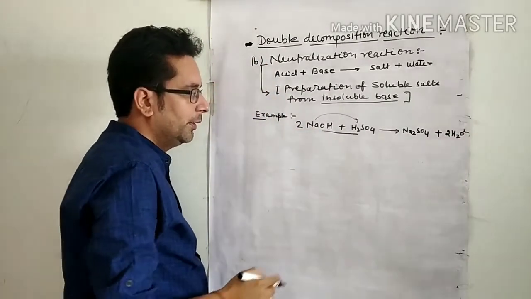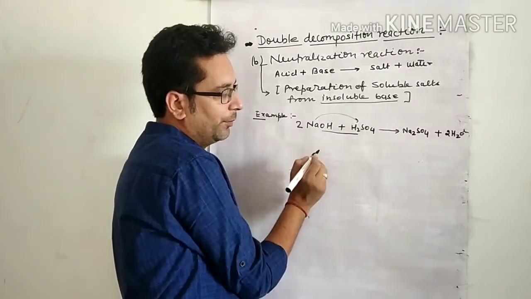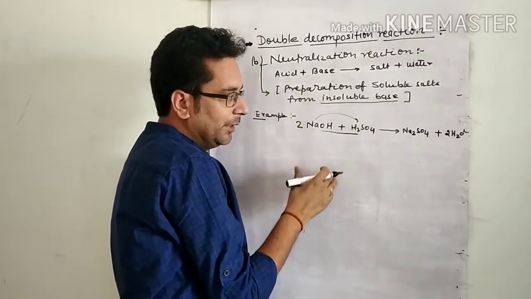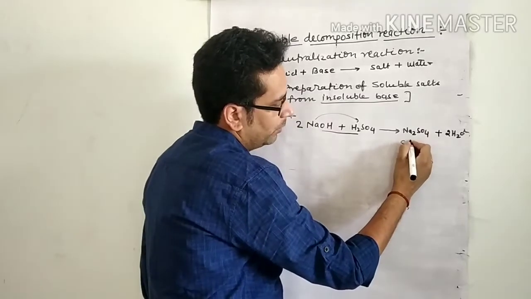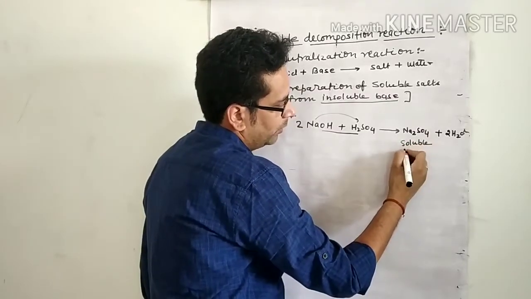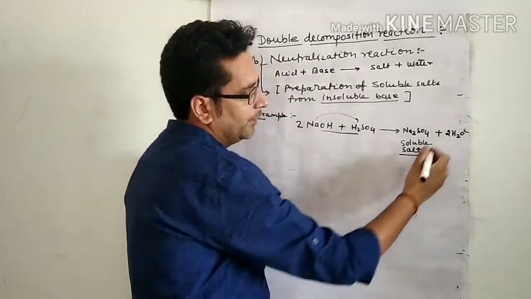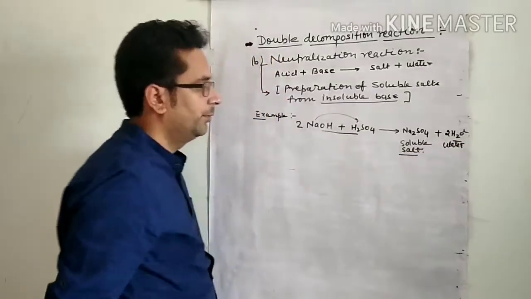Okay, this is the balanced reaction. Look here, OH is replaced by SO4. So this is an example of neutralization reaction in which there is formation of, this one is the soluble salt, and this is the water.